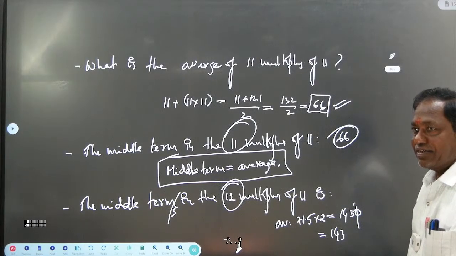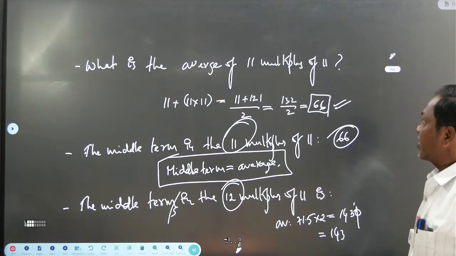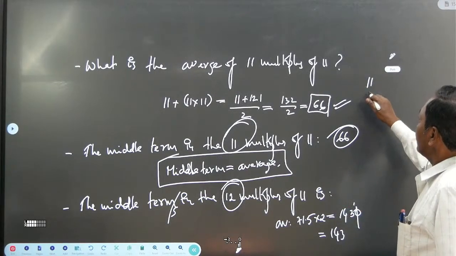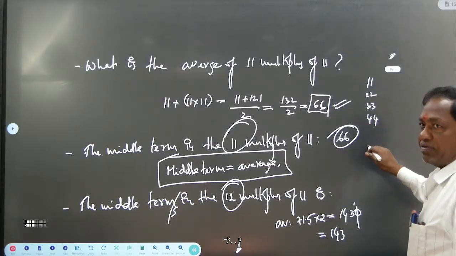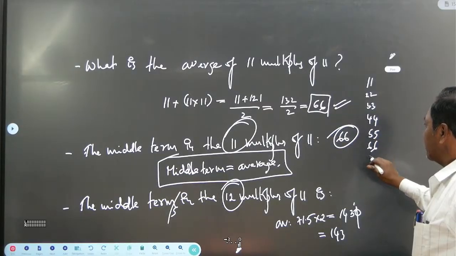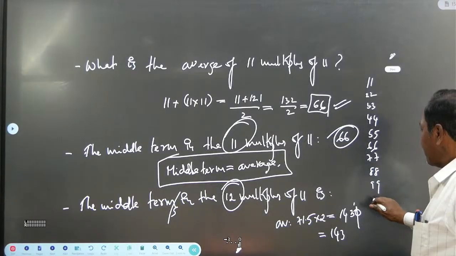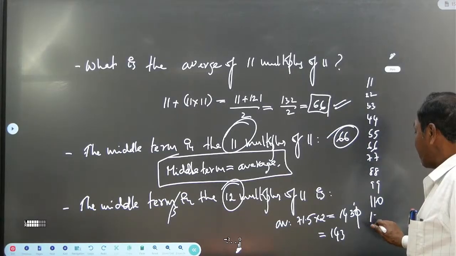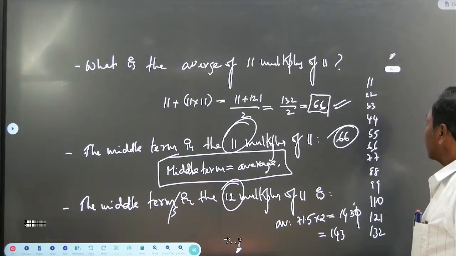If the question is about the first 10 natural numbers, which is the middle term? See, I just write it out: 11, 22, 33, 44, 55, 66, 77, 88, 99, 110, 121, 132.